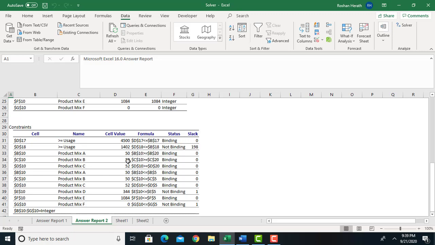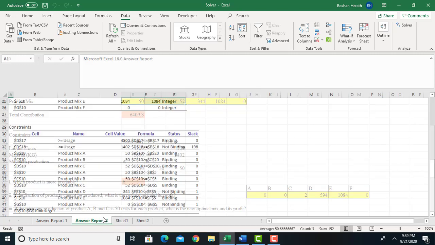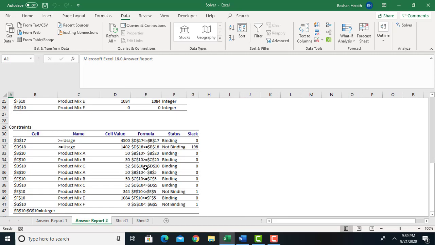And here you can see that the binding constraint, this minimum requirement, it has taken as a kind of binding constraint there. And also you can see that another binding constraint, that's going to be this 1084.